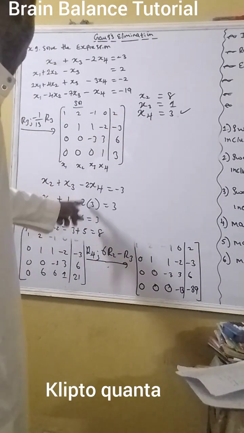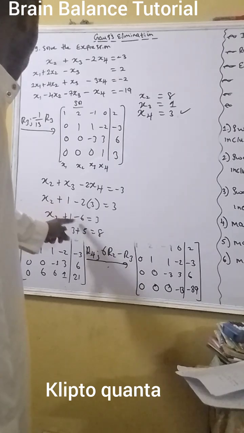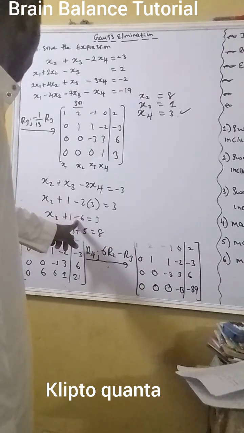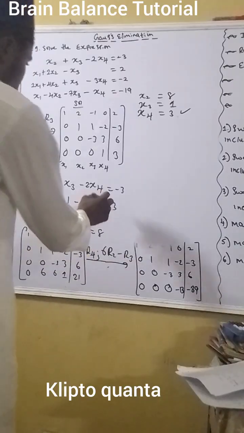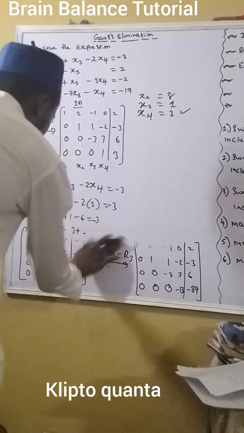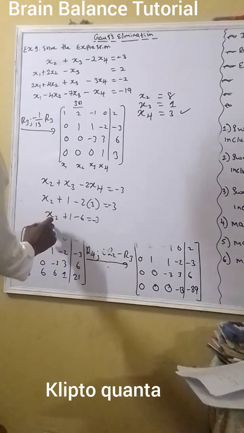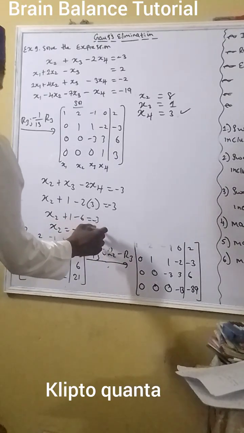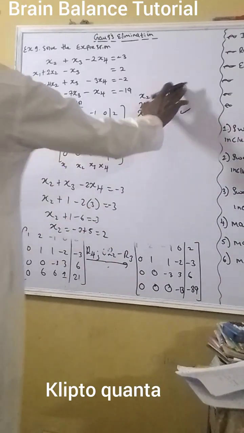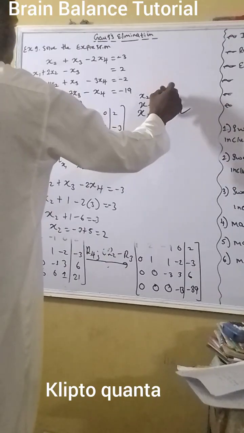So we have to check this out. You have negative 6, 1. This will give you negative 5. Then negative 5, okay, sorry, this is negative 3 here. So at that point, you have x2 equal to negative 3 plus 5, and that equals 2. So our x2 is actually 2, not 8.